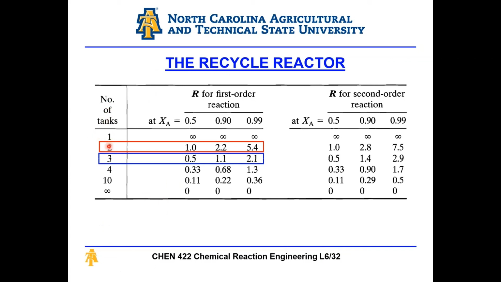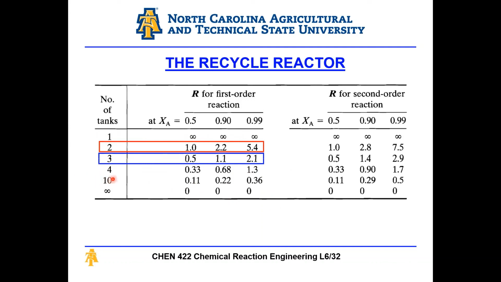Here you see the number of tanks, and this is basically a comparison of the number of CSTRs required to reach the performance of 1 PFR with recycle. What it's illustrating is basically the same as the figure: if I'm using 1 CSTR with infinite recycle, it's the same performance as a PFR. If I have infinite CSTRs with 0 recycle, it's the same performance as a PFR.